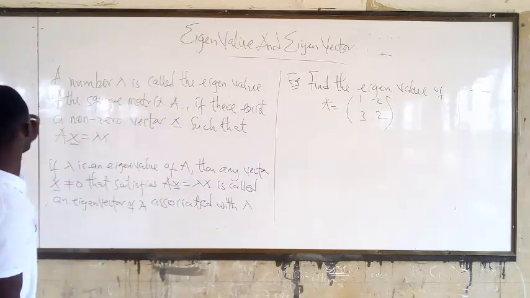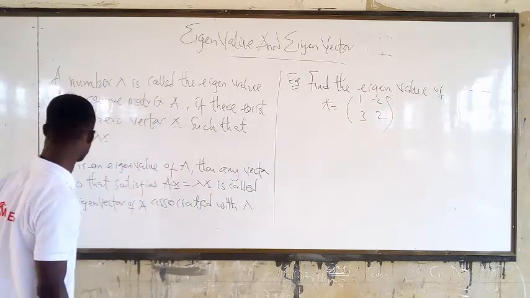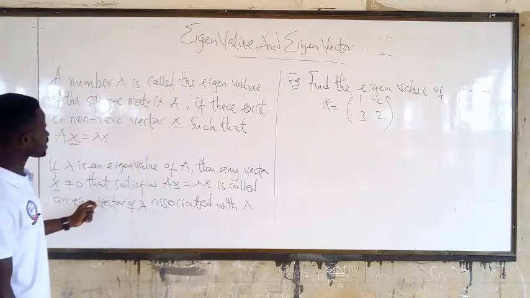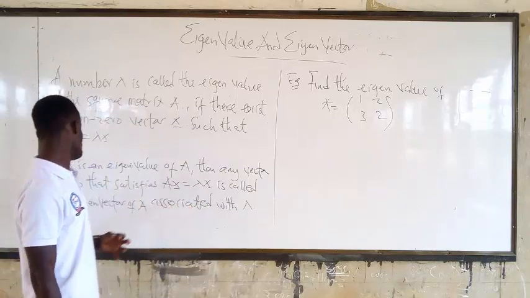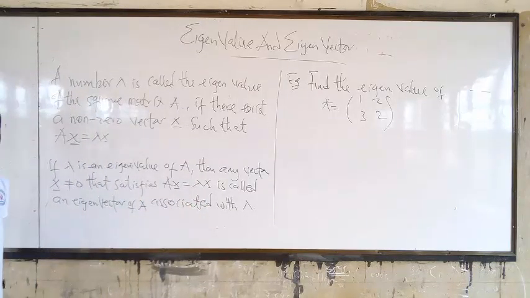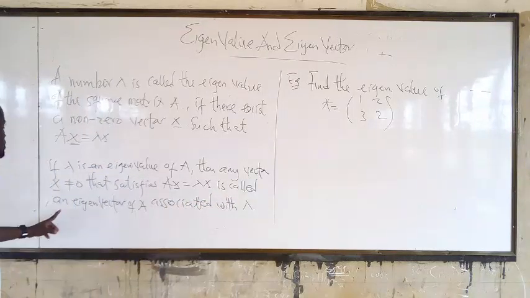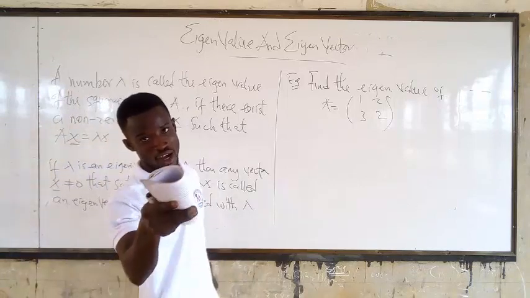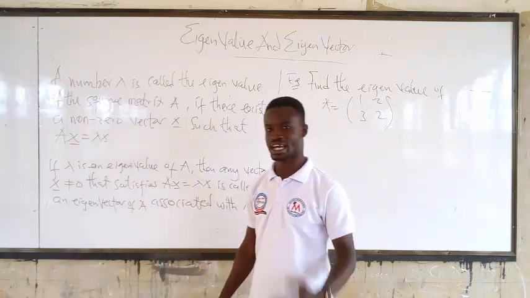If there exists a non-zero vector such that... Now if lambda is an eigenvalue of A, then any vector that satisfies this is called an eigenvector of A associated with lambda.